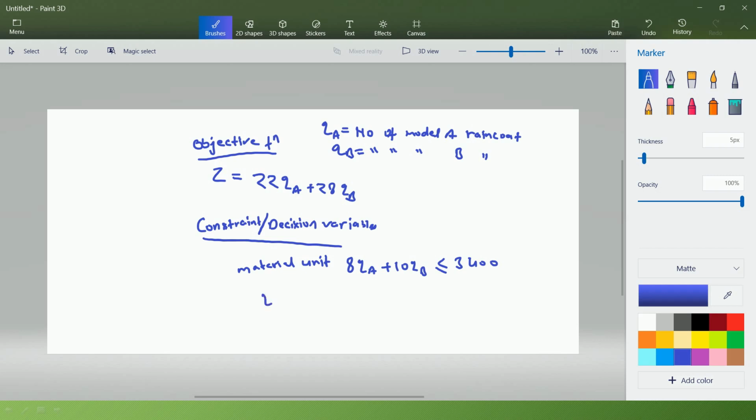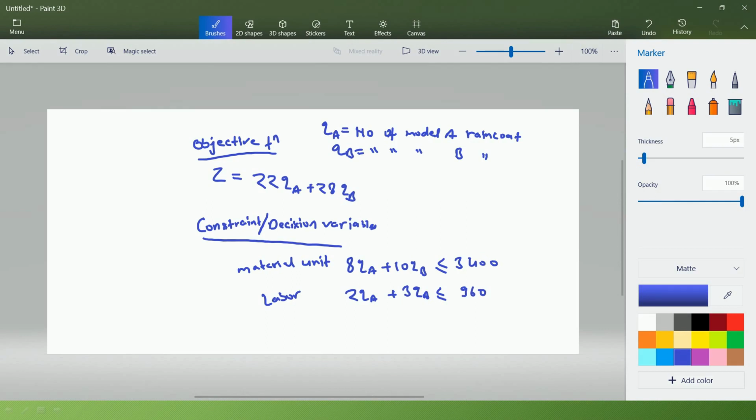Now for labor, we need 2 labor units to develop 1 unit of model A plus 3 labor units to develop 1 unit of model B. The maximum is 960.